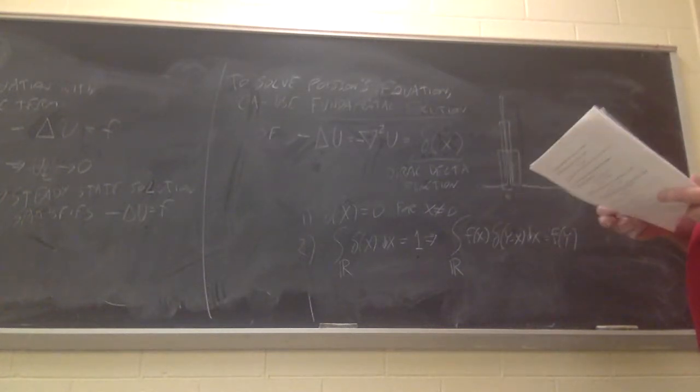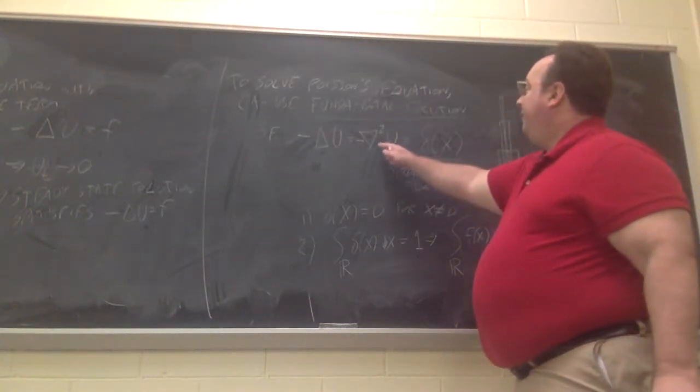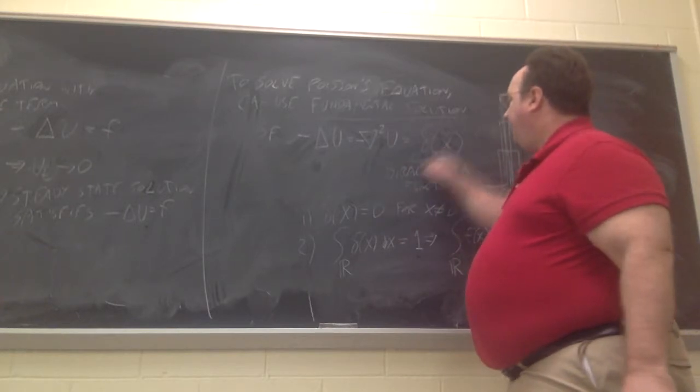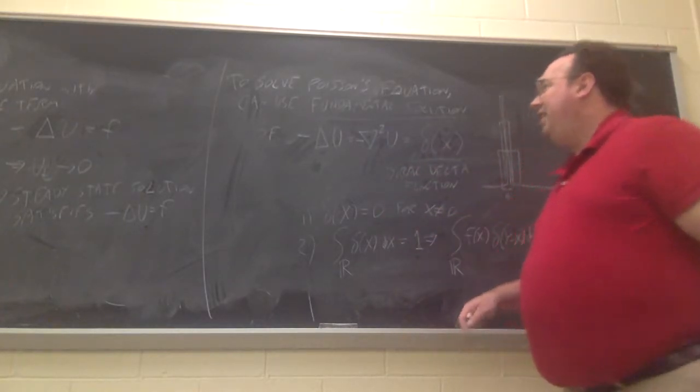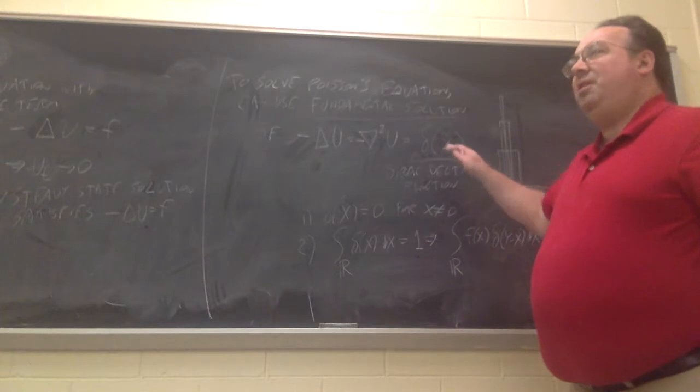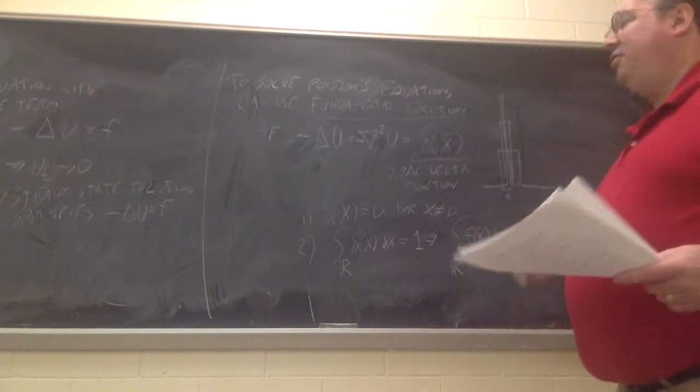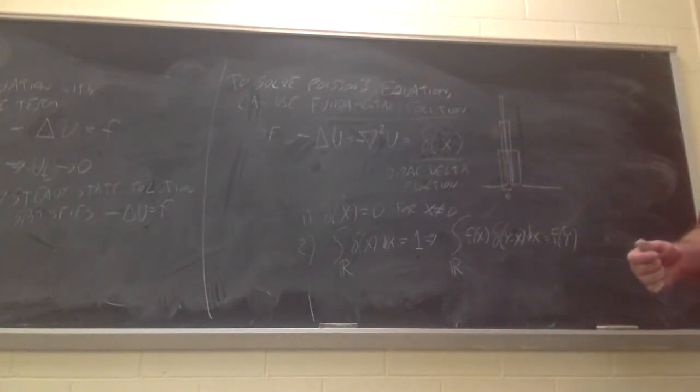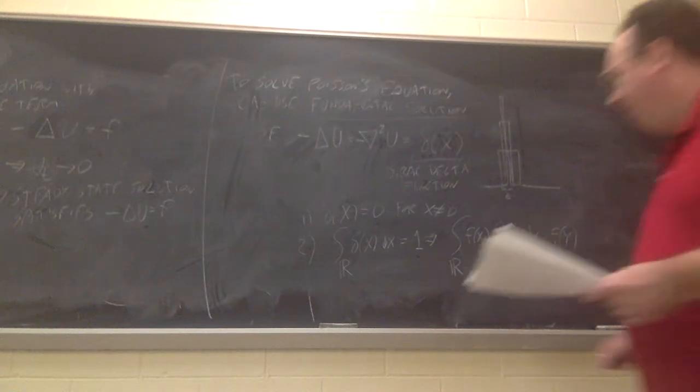Since delta of x is 0 for all non-zero x, that means that except at x equals 0, except at the origin, I'm actually solving Laplace's equation. So I can work with Laplace's equation first, and then use that to get a solution to this.